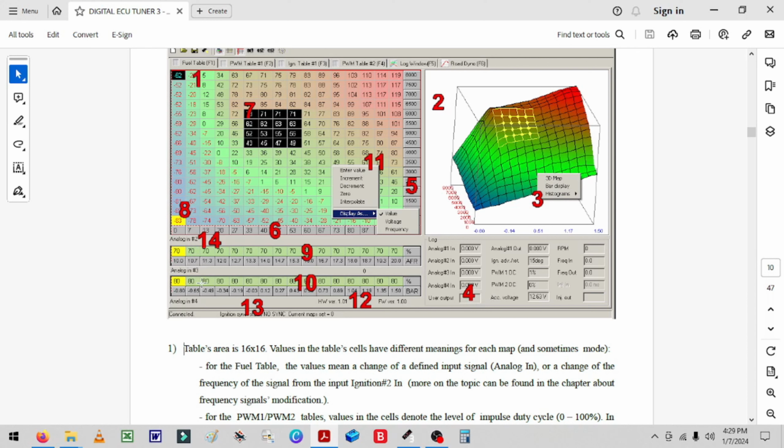Now, correction meaning whatever sensor I feed into here, I can use that sensor to add or take away fuel in the fuel table. In the ignition table, I can retard ignition. I can't advance it. And that's an important thing that I really want to touch on this go around: you can't intercept the signal.